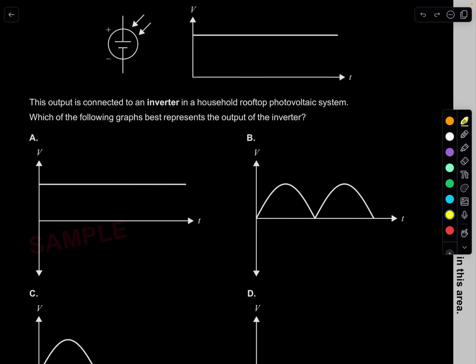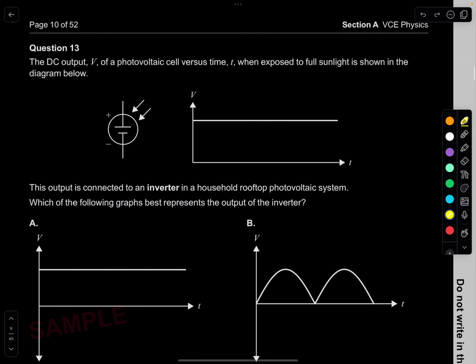What an inverter does is it takes DC input and produces AC output, because our appliances at home all work in AC. So it's very useful to have an inverter, because DC can be used for simple stuff, but our home appliances are all in terms of AC. An inverter converts DC to AC.